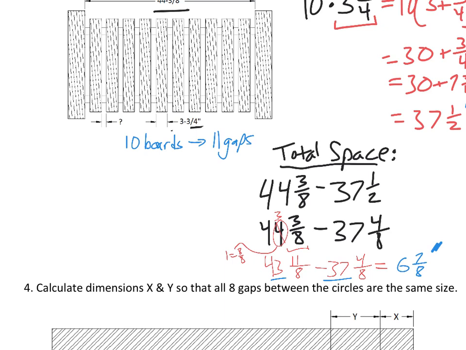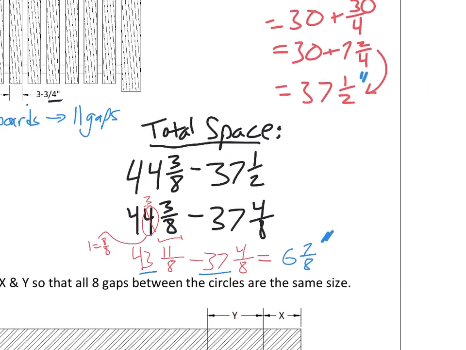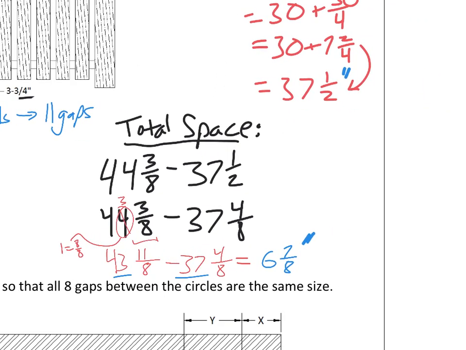Sometimes we'll just convert these to decimals, but let's stick with it and see if we can finish it off. We have 11 gaps, so let's figure out one gap, or one space. How do we do that? Well, we've got 6 and 7/8, and we're going to divide that by 11.